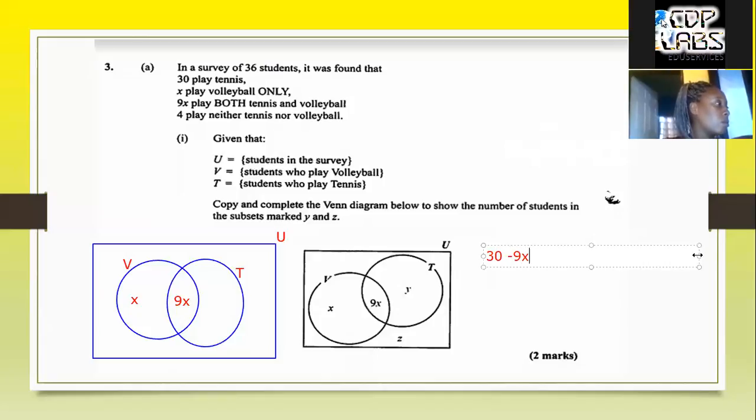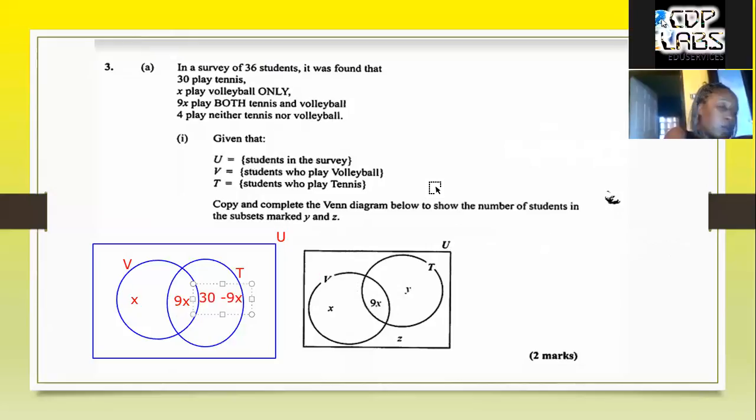So minus whatever intersects both from the total number. Get that? Because you never did the third lesson, you never get this one going.